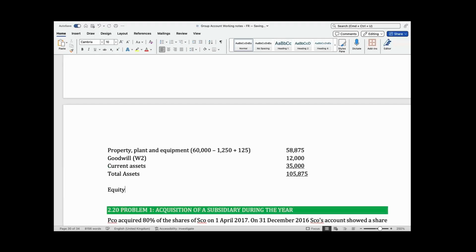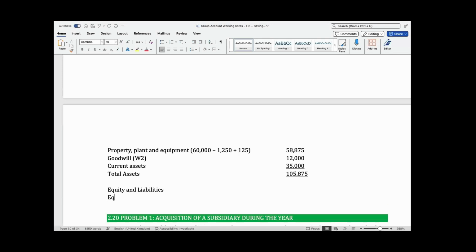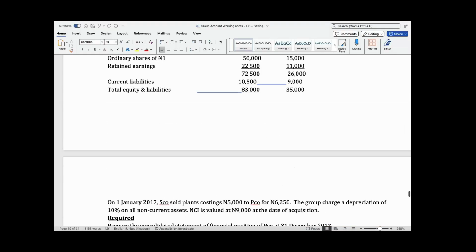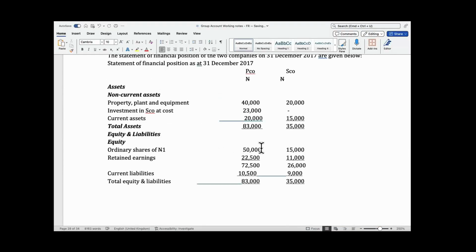You give me a wrong figure, our account will not balance. So the ordinary share capital of the parent, that of the subsidiary will have been cancelled out.